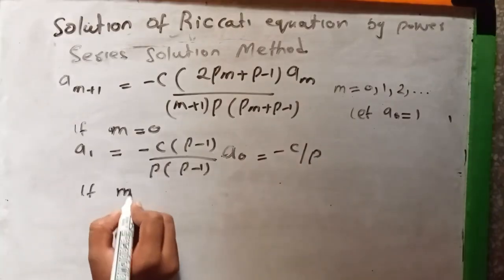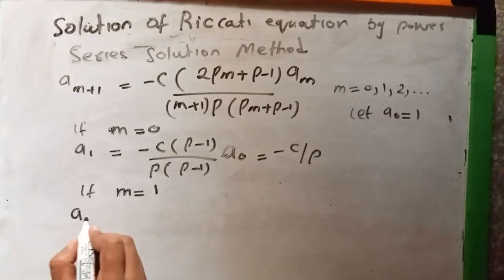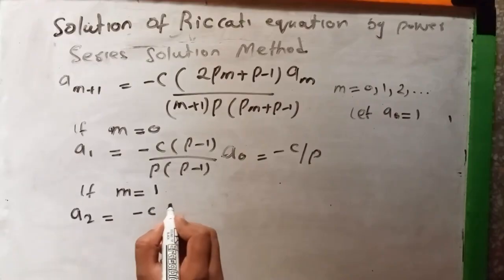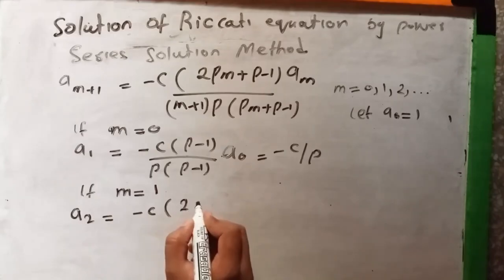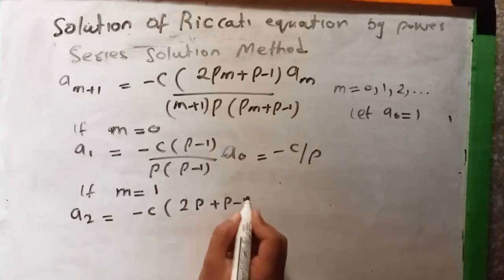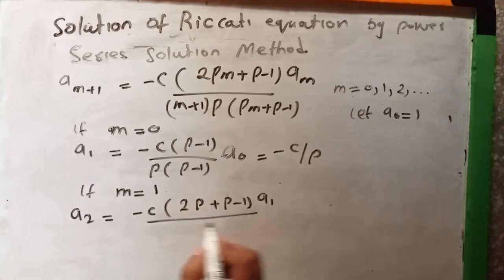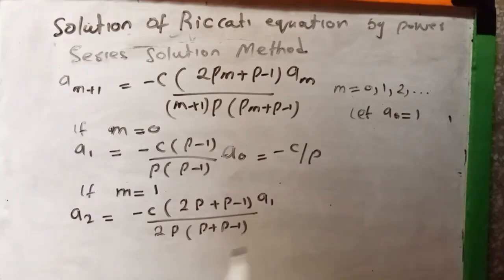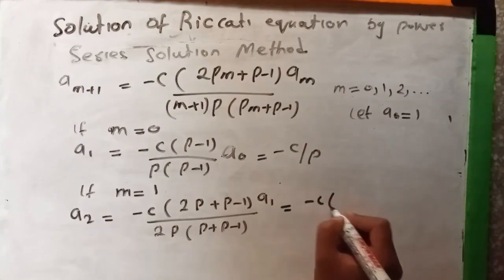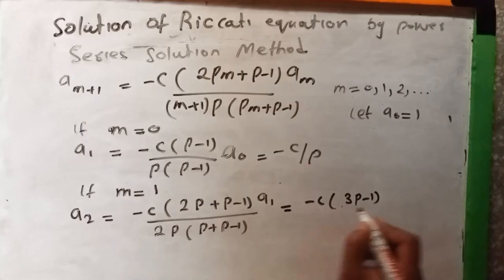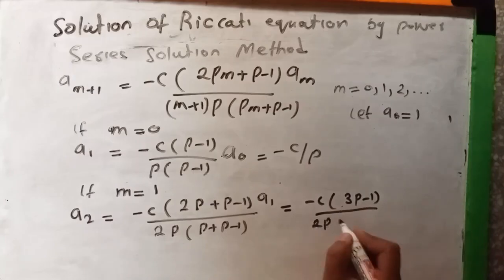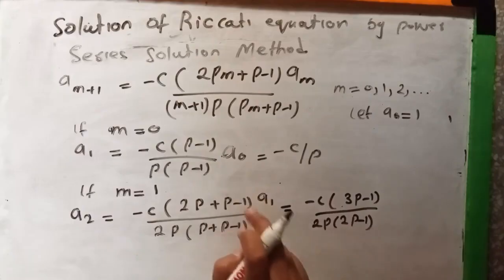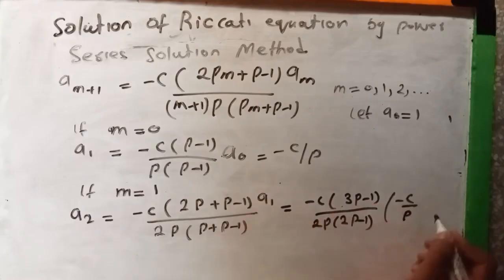If m is equal to 1, then a2 is equal to minus c multiplied by 2p plus p minus 1 a1 over 2p multiplied by 2p plus p minus 1, which is equal to minus c multiplied by 3p minus 1 over 2p multiplied by 2p minus 1, and a1 is equal to minus c over p.